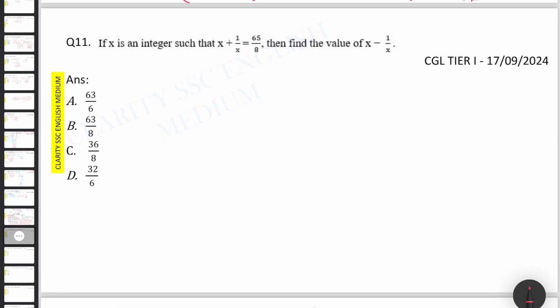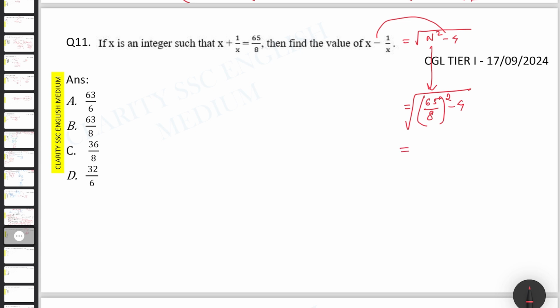We know that x minus 1 by x is root over n squared, minus will come, n squared minus 4. What is n? n is nothing but 65 by 8. Whole squared minus 4 is the answer.